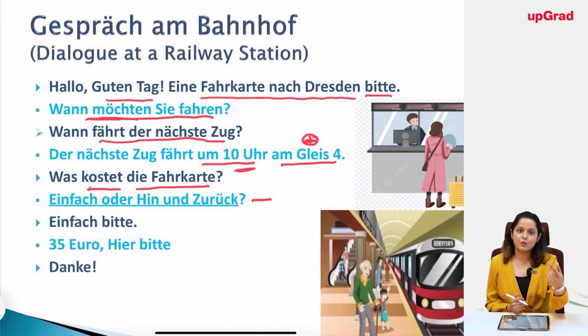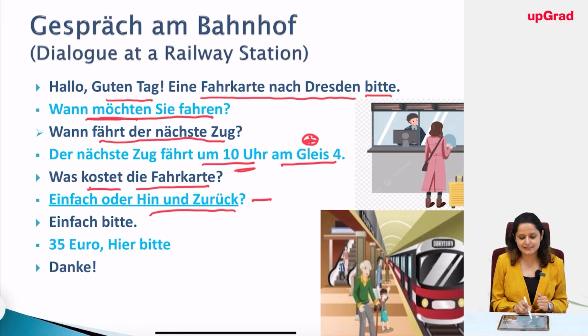When you are traveling one way, it means einfach. That is, you're only going in one direction. You might not want a return ticket immediately. But when you say hin und zurück, you need a two-way ticket, that is, a return ticket. So if you want a one-way ticket, just say einfach.